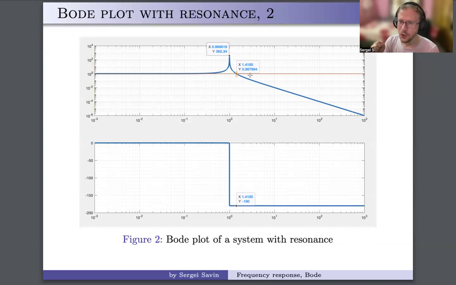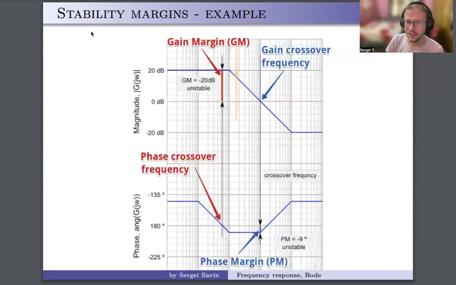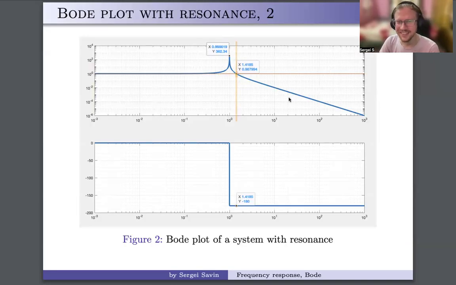So this frequency here is what we call a gain, let me look up the term so I don't mangle it. Okay, gain crossover frequency, right? That frequency is what we call the gain crossover frequency. Good. Notice it is the square root of 2.